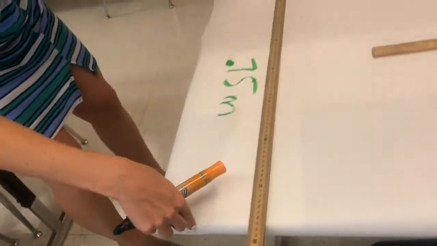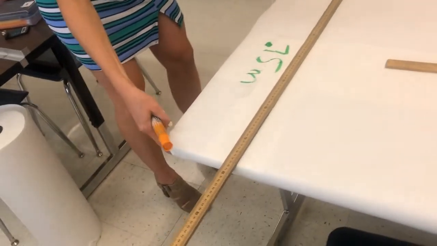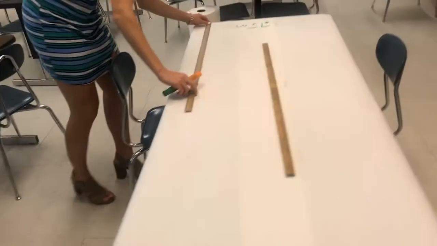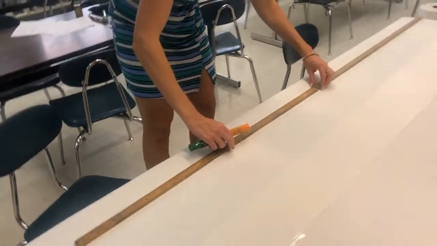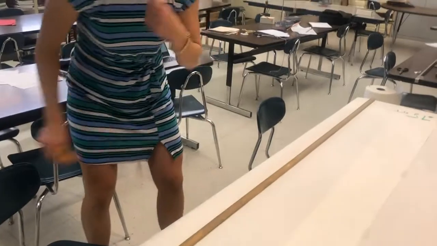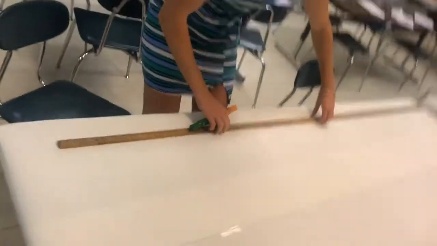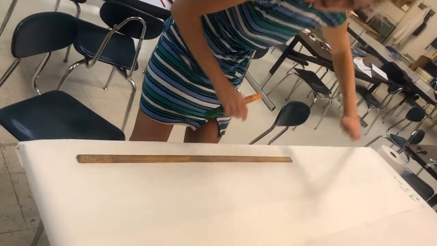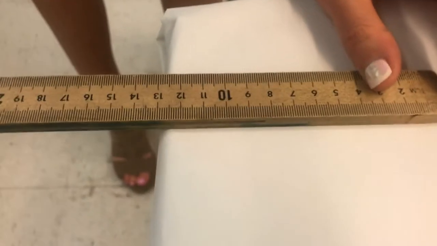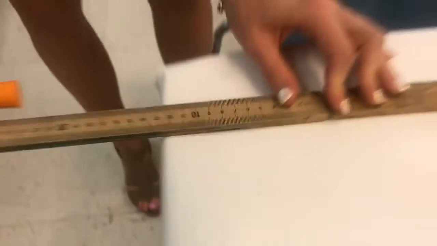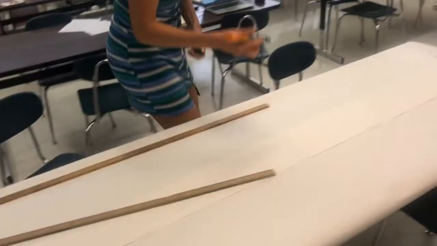I measured from this point because the edges are curved. Now this one's a little bit longer. I need 2 meters for this, and might need more. Let's straighten it out a little bit. It's 2.13 meters.